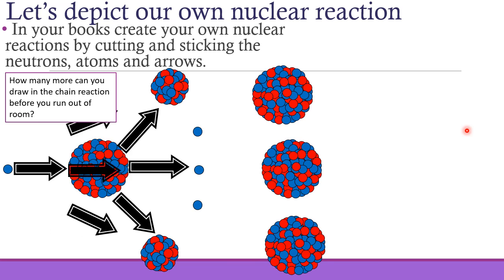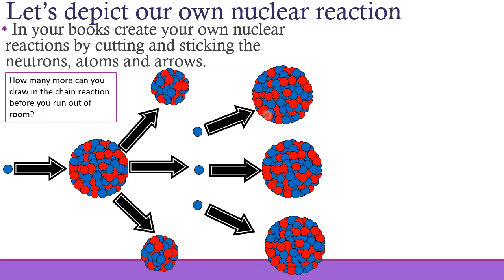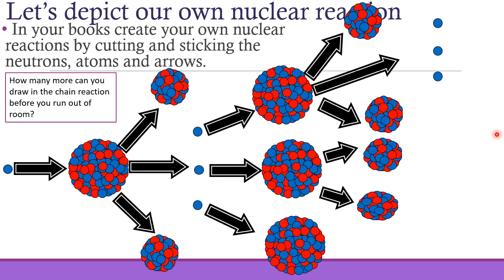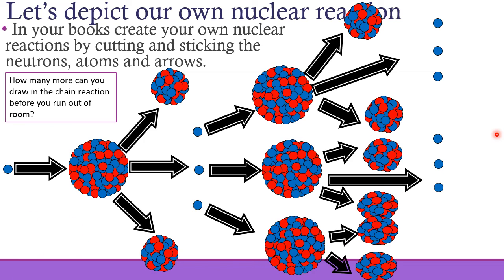Now these neutrons then get fired into these 3 atoms, which become unstable and split into 2 more atoms and fire out 3 more neutrons, and this happens for the other 2 as well. And remember, this reaction keeps going and going until lots and lots of energy have been produced.